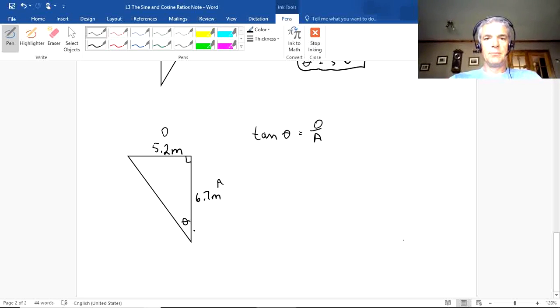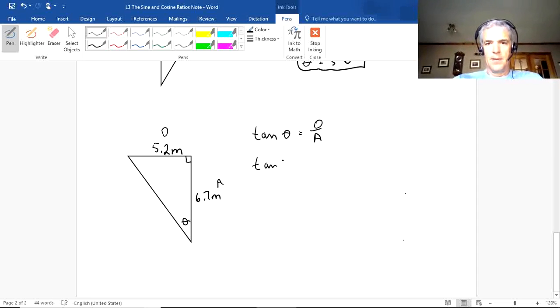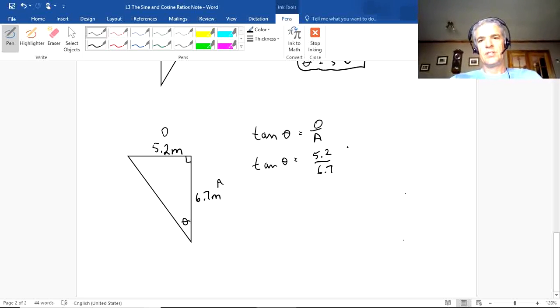And now I substitute my values in, and I get tan theta equals 5.2 over 6.7. And notice I don't use units here. I'm not really that worried about it.